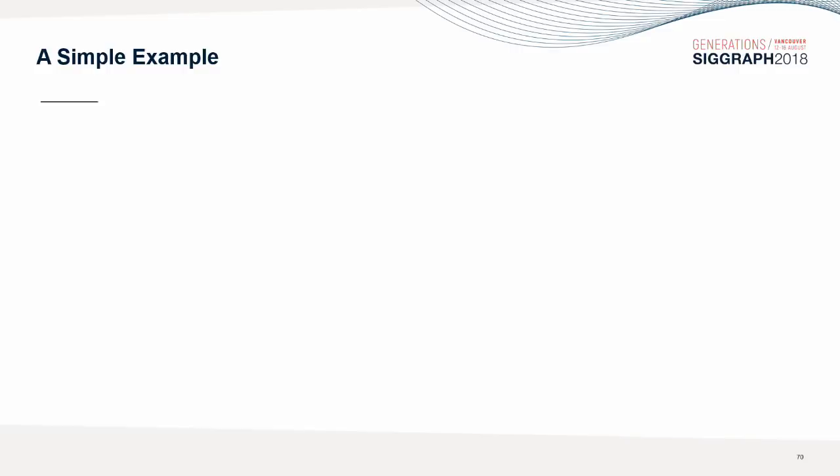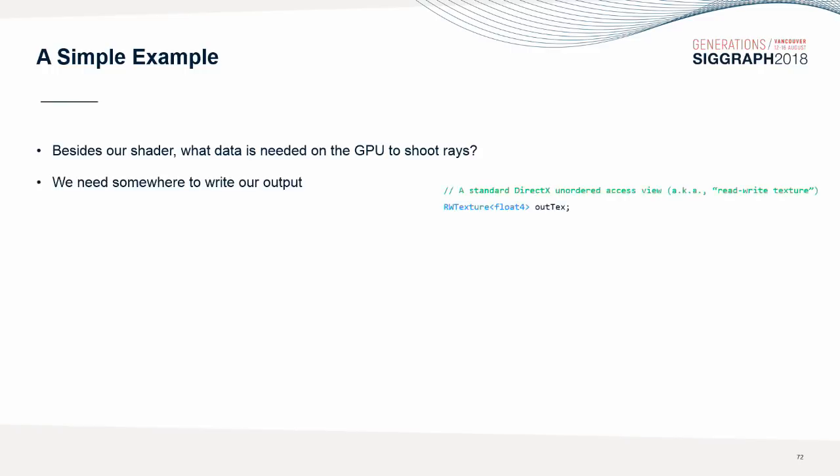So, a simple example. Let's think, even if you have written DX code and HLSL, what data do you need on the GPU to shoot rays? Well, you need some place to write your output. So let's define an output texture, a read-write texture, a UAV. In this case, it's called outtext, and it is a float4.